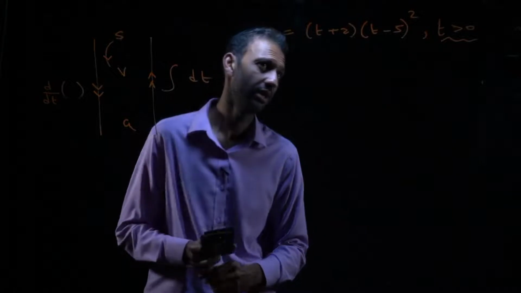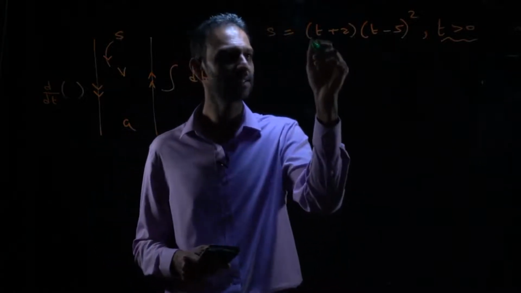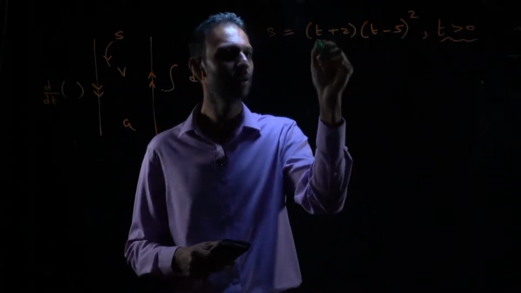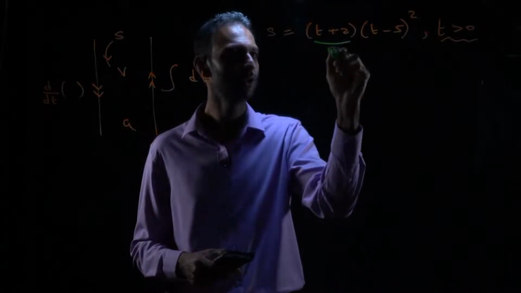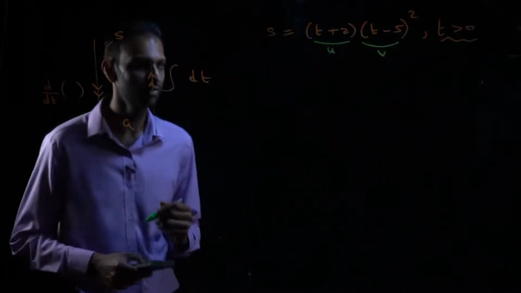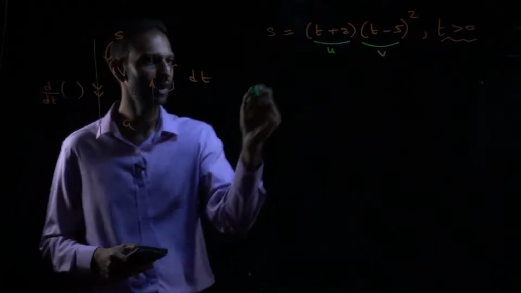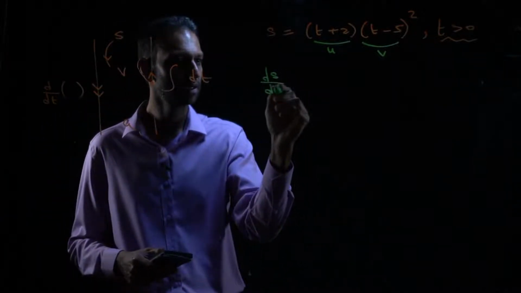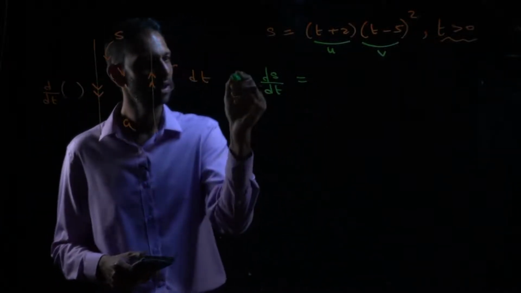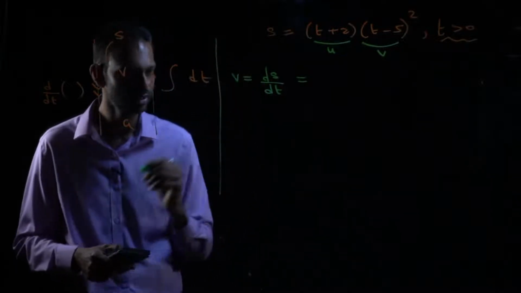That's a very nice equation for s. Product of two terms will be basically product rule, u, and that one is v. So if I differentiate ds by dt, I will be getting the velocity which is v.